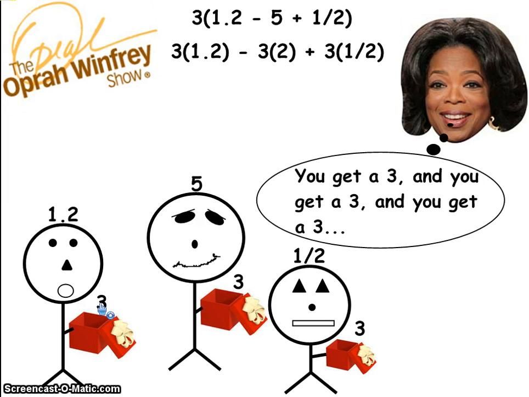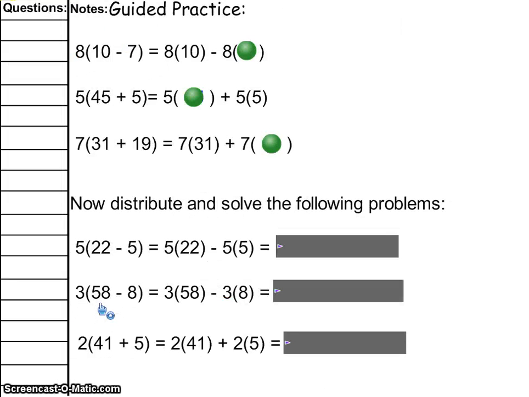So let's do some guided practice questions. Here we have 8 times (10 minus 7). So if I were to distribute the 8, it's going to be 8 times 10 minus 8 times what number? We have to distribute the 8 to the 7 as well. So it would be 8 times 7. Next, 5 times (45 plus 5). Again, distribute the 5 to each number in the parentheses.